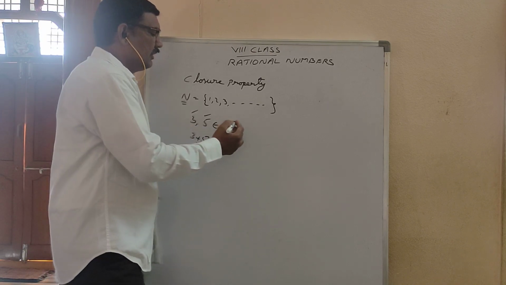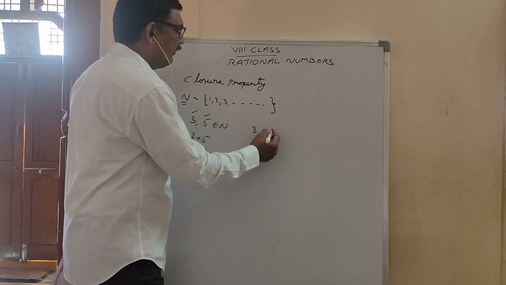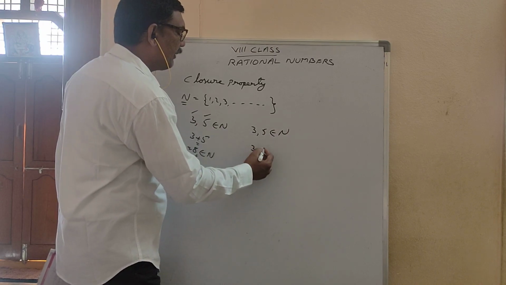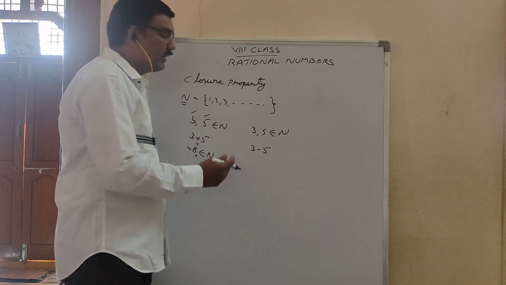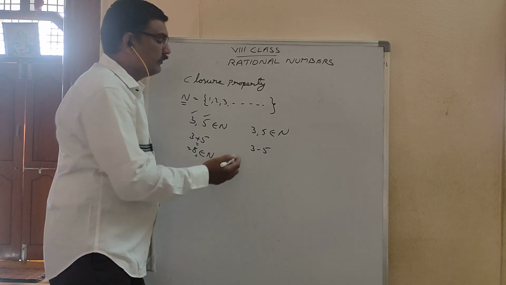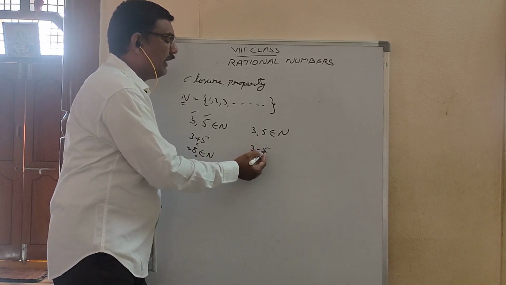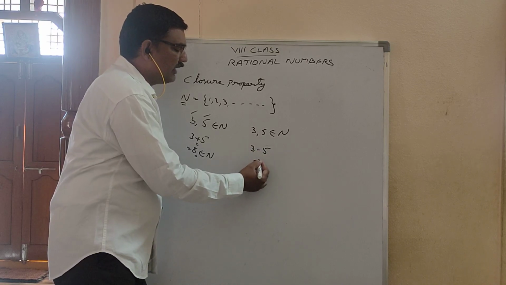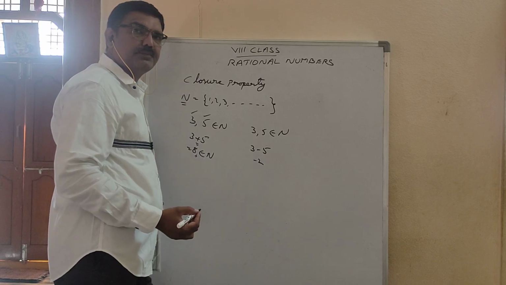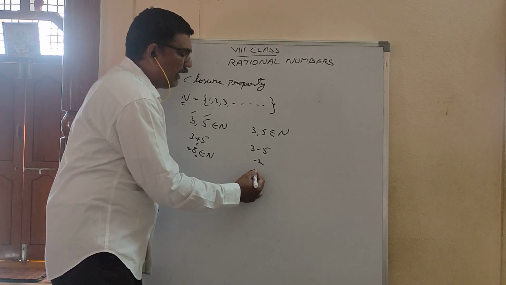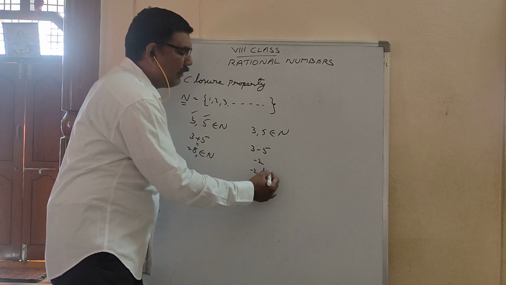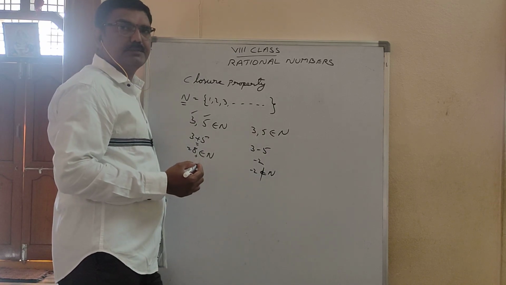The meaning is, you are taking 3, 5 belonging to natural numbers, and if you do subtraction here, 3 minus 5, 3 is the smaller number and 5 is the bigger number. If you do 3 minus 5, you should say the answer is minus 2.